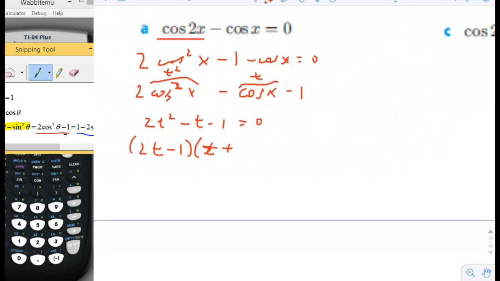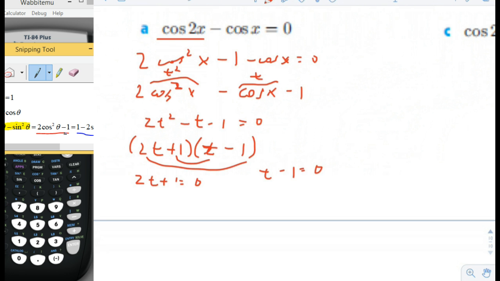Yeah, that will work out, because this would be 1t and this would be negative 2t, so the sum would be negative t. So then we just solve these two separately. 2t plus 1 equals 0 and t minus 1 equals 0, and then we can substitute back in cosine of x, which is what we substituted in for t.